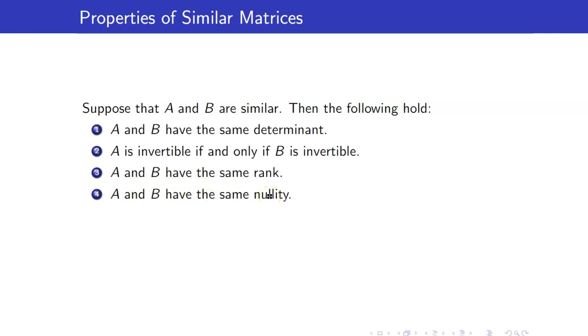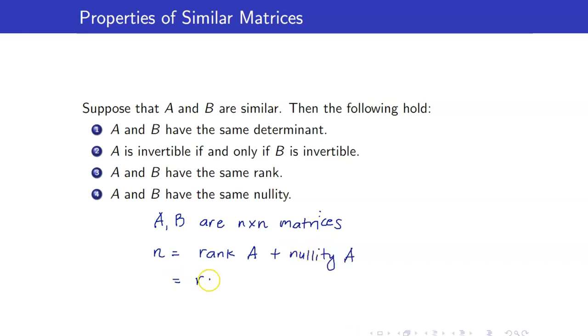Statement 4 is just a direct consequence of the rank nullity theorem, because let us recall that if A and B are n by n matrices, the rank nullity theorem states that n is equal to the rank of A plus the nullity of A, and this is also equal to the rank of B plus the nullity of B. And therefore, if they both have the same rank, then their nullity will also be the same.